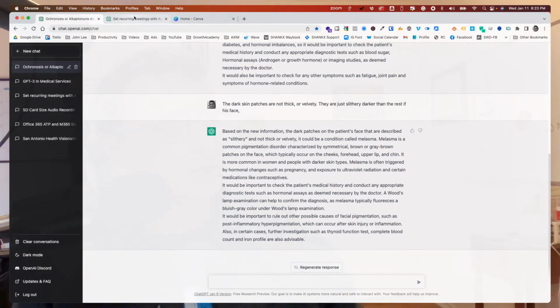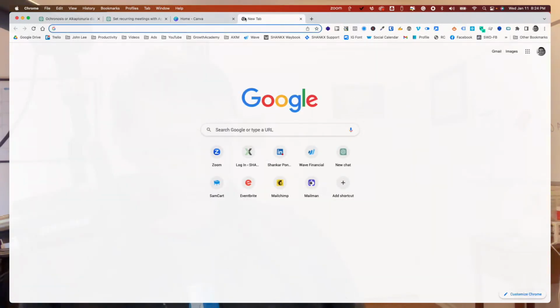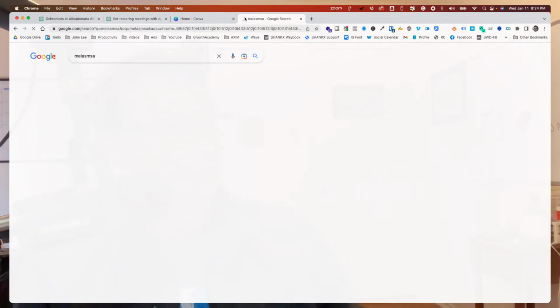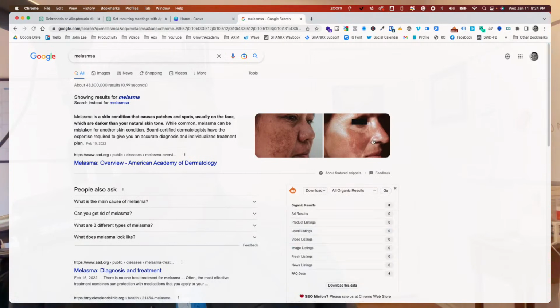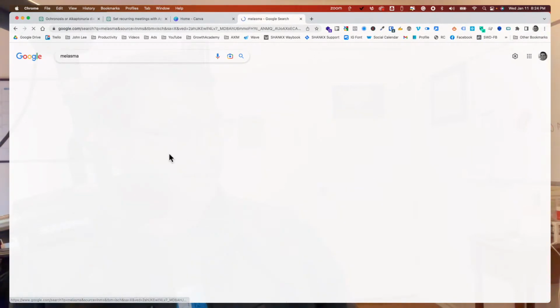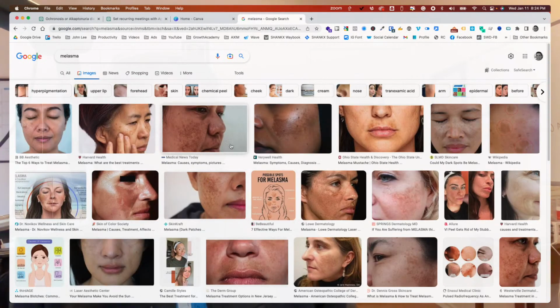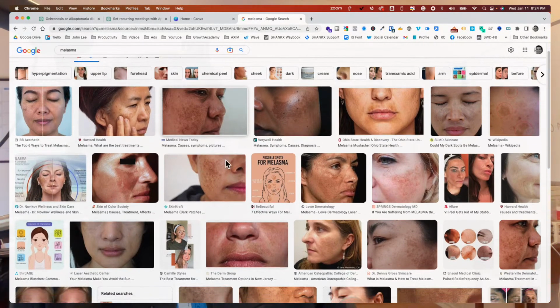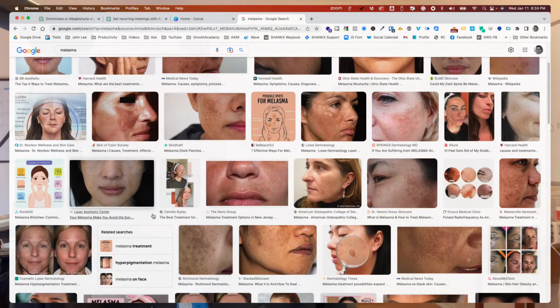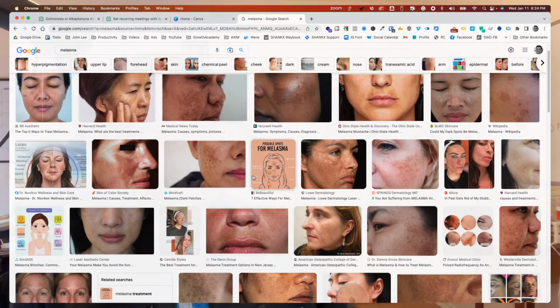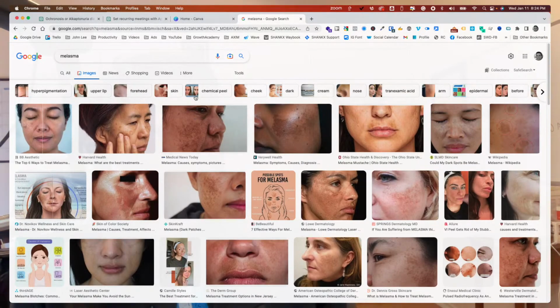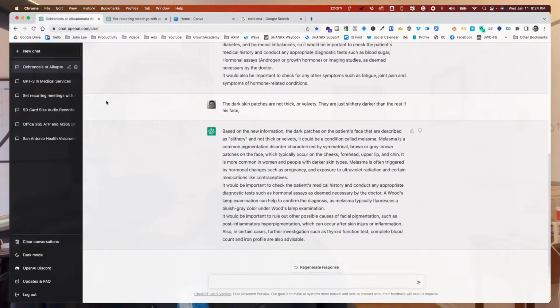I'm going to Google melasma and see what that looks like. I don't think so, because it's really not on my cheeks. It's really restricted to the area directly around my eyes and on my nose.